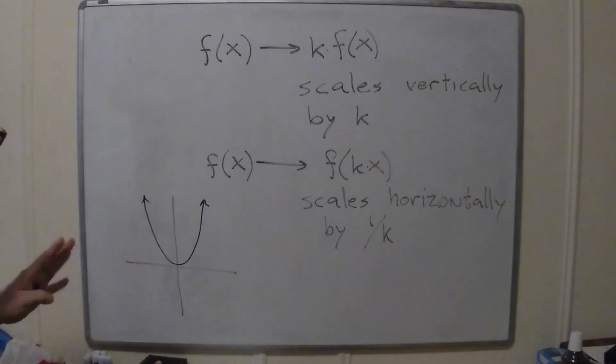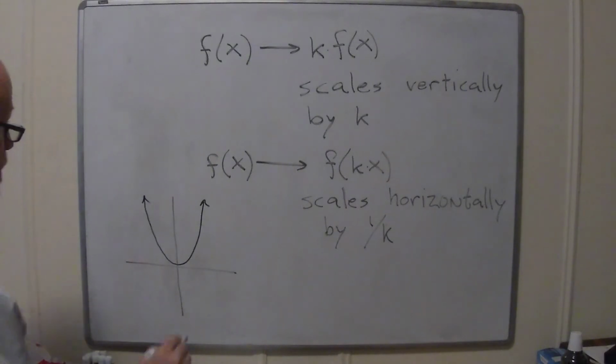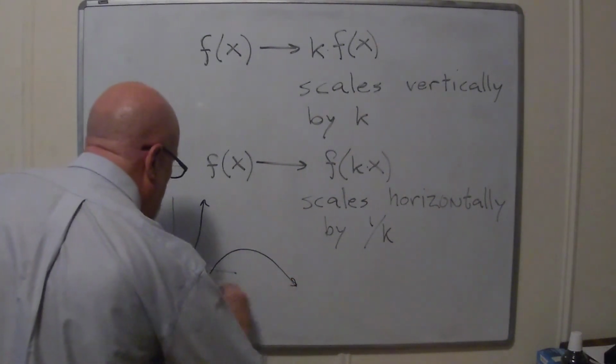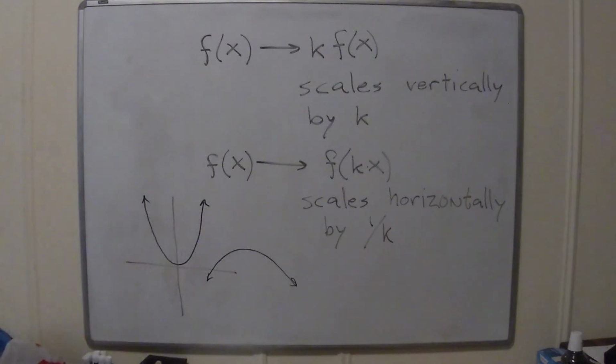What if for some phenomenon I was trying to model, maybe to solve a business problem, I needed to see something that looked like this? Well, that does not look like my y equals x squared, at least not at first, but you can put a couple of operations together until it does look that way.